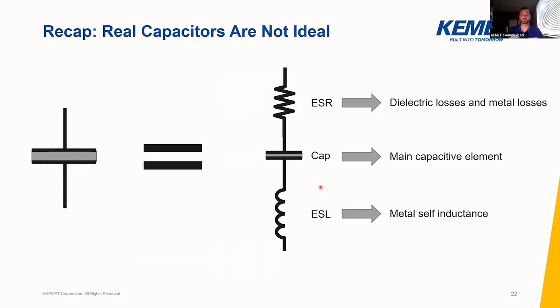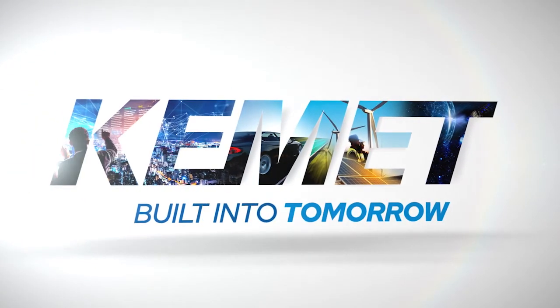They have their main capacitive element, of course, and then they have what's known as the equivalent series inductance, or ESL, which comes from the self-inductance of the metal components made to build the capacitor. So the electrode plates and a large portion of it comes from the termination materials, the leads, the things that you use to connect the capacitor to the outside world.